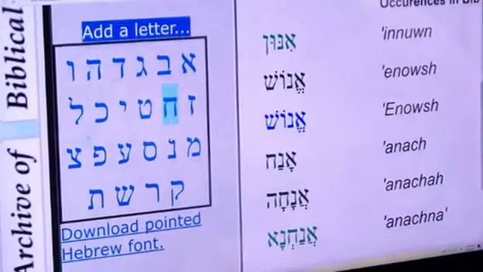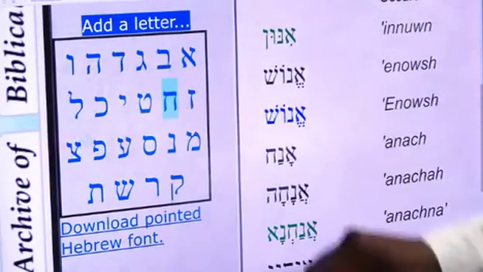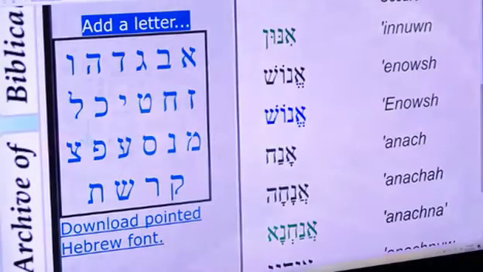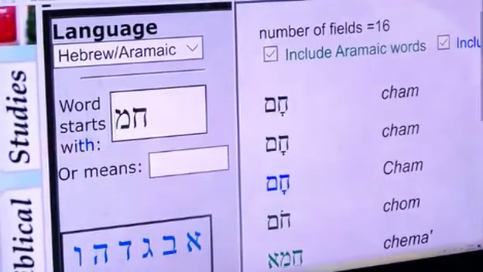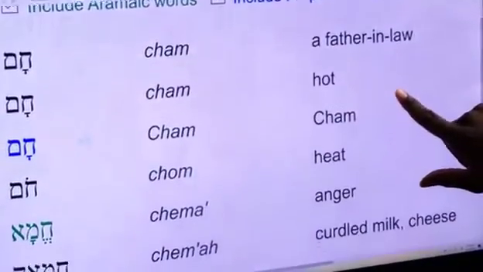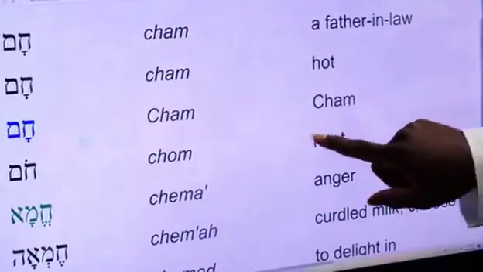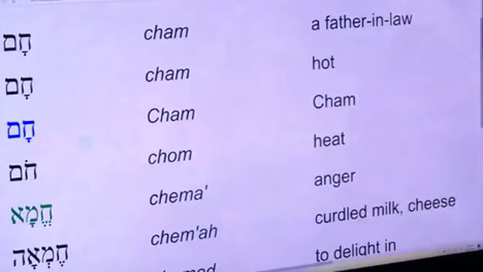Notice the letter that we're using. This is the letter Ha, but for Ham, it's the letter Cha. So you can see in Hebrew, it's more so the letter Cha than the letter Ha.